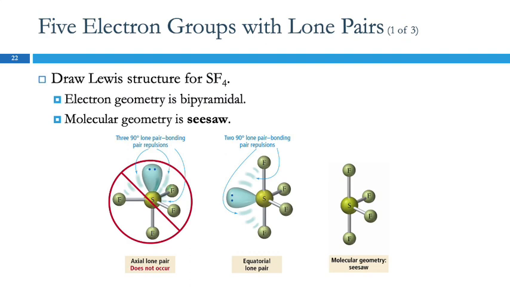5 electron groups with lone pairs. So now I have to switch my model kit model here. I can't do this with the balloons because I haven't figured out how to make a balloon just go invisible yet. Maybe that'll work out at some point in the future. This is the one I need.